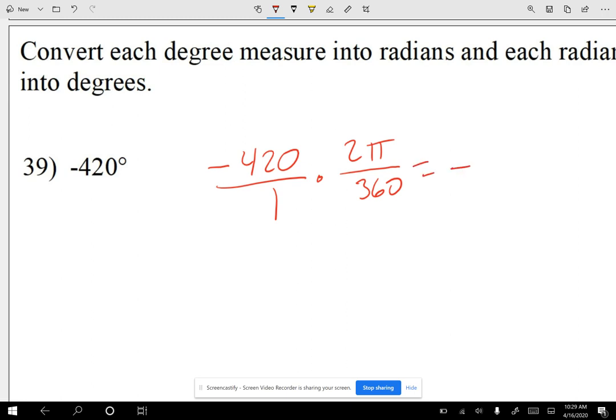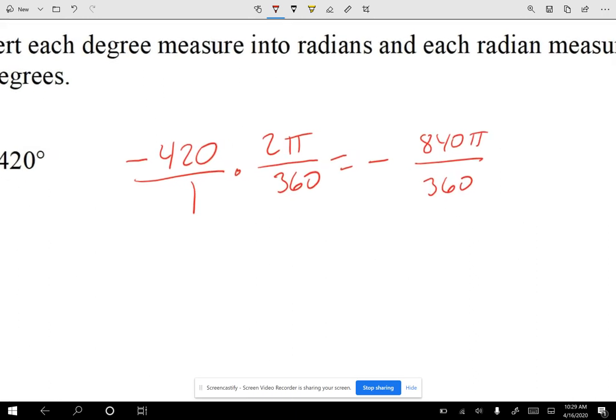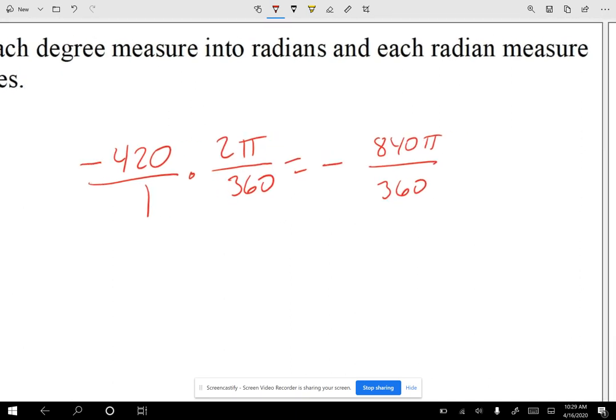So I have the negative. On top, when I multiply 420 times 2, that gives me negative 840 pi over 360. Simplify your fraction as much as you can. I'm going to divide each by 10.